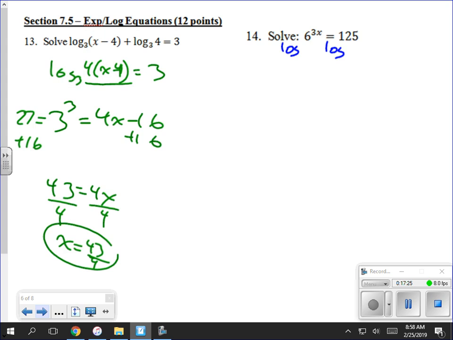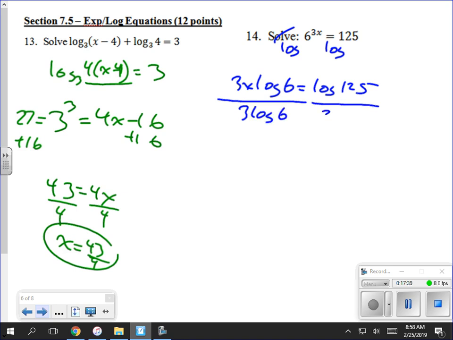Okay. Bring down the power in front. So I get 3x log of 6 is equal to the log of 125. Divide both sides by 3 log 6. So I get x is equal to the log of 125 over 3 log 6.